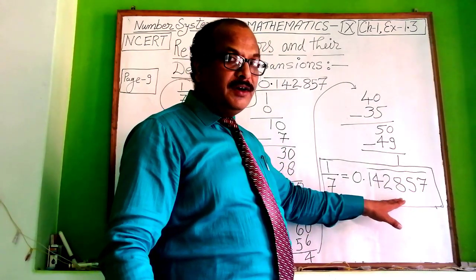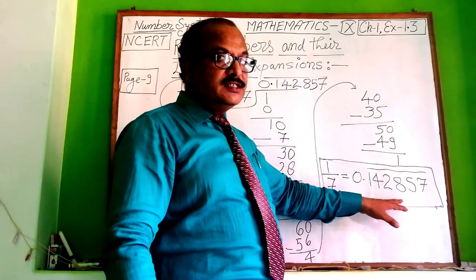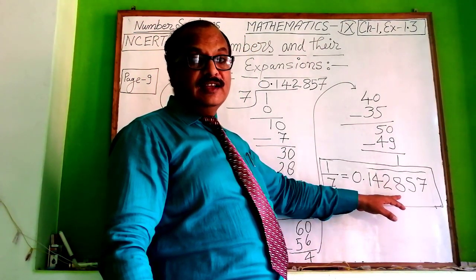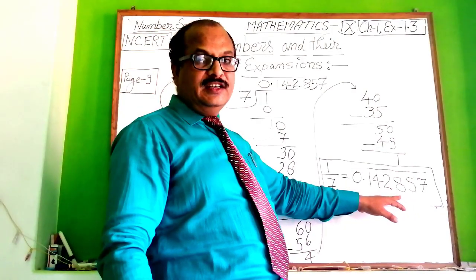So which type of number did we obtain here? You can see the number is a recurring decimal, or you can say a non-terminating repeating decimal.